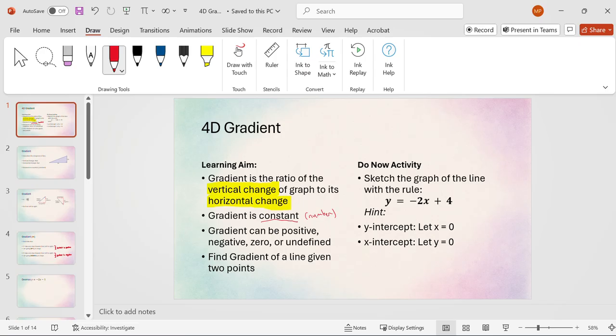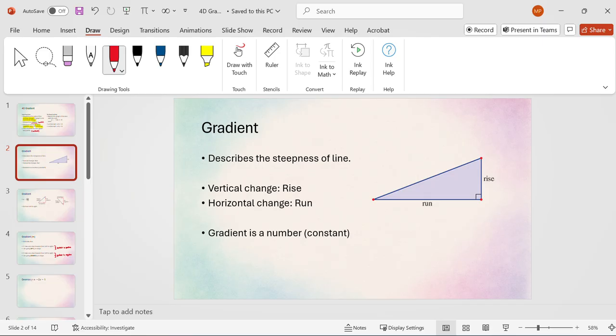The gradient can be positive, negative, zero, or undefined. One of these four here. And then you are going to find the gradient of a line given 2 points, or aka two coordinate points. So I'll just write coordinate right there. Okay.